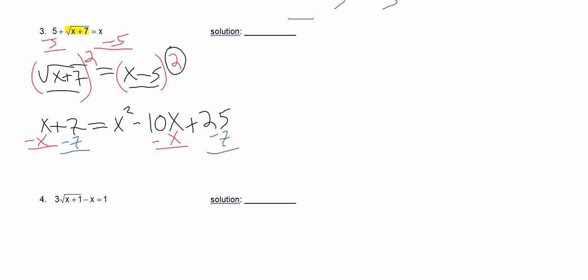So we would have on the left side 0 is equal to x squared, and we have a negative 11x, and 25 subtract 7 is going to take us to what? 18, positive 18.